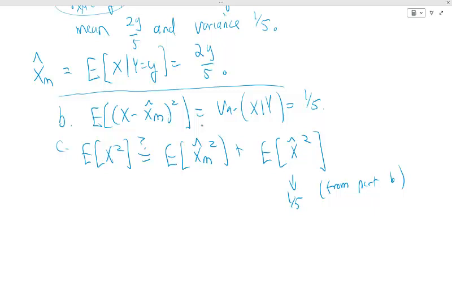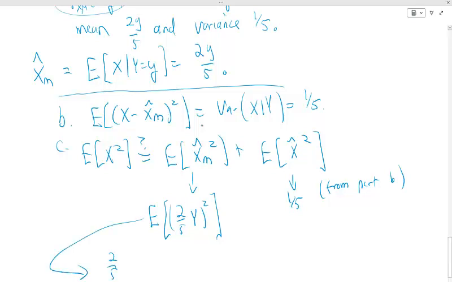Well, xm was just 2y over 5. So this is the expectation of 2 over 5 y, squared. So let's use our magic with expectations. This expectation is equal to 2 over 5 squared, I can pull that out, times the expectation of y squared.